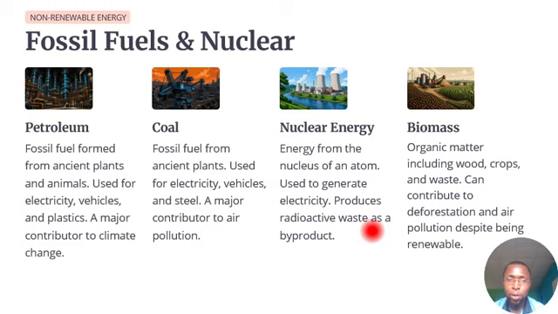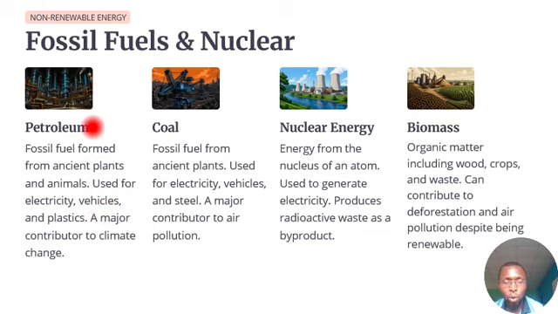On the other hand, for the non-renewable energy examples, we said that when these are exhausted, it takes time before you can use them again. An example of these non-renewable energy resources is petroleum. Petroleum is actually a fossil fuel that is obtained from ancient plants and animals.